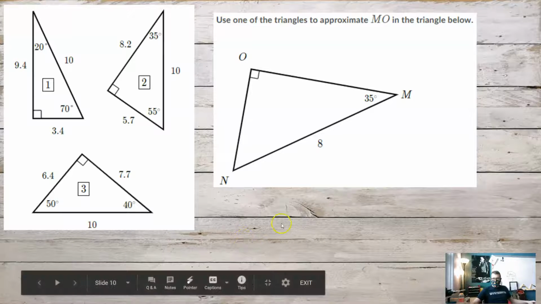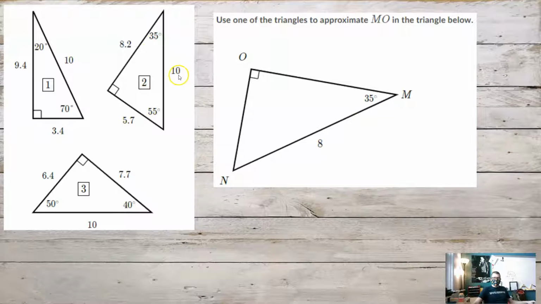2, right? Because it has the 35-degree angle. So now in your head, match things up. Okay, so the reference triangle we have is the one where the hypotenuse can be 10. Guys, this is actually the unit circle. This is actually 1. So this is actually 0.57 and 0.82.